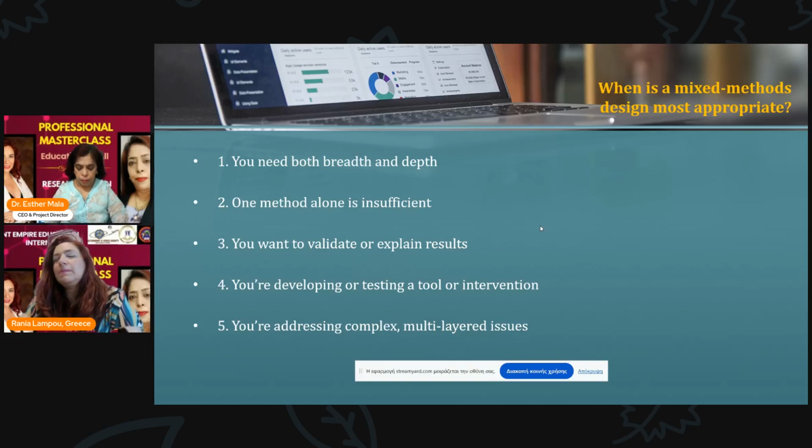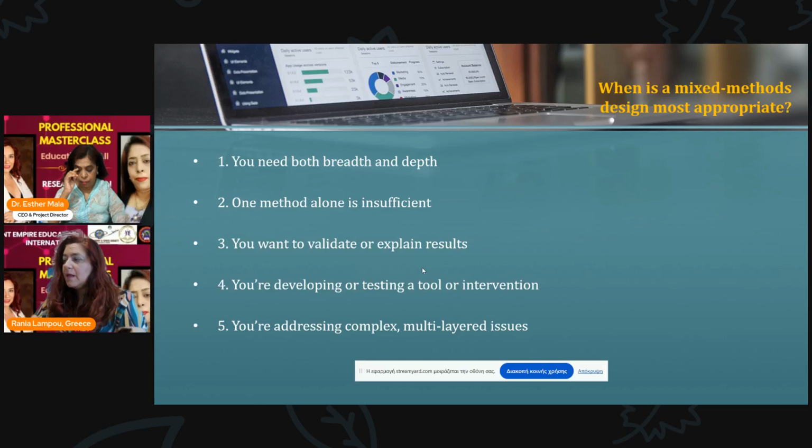The mixed method is also appropriate when you are developing or testing a tool or intervention. So qualitative data can inform the design of a new instrument or program, and quantitative data can test its effectiveness.